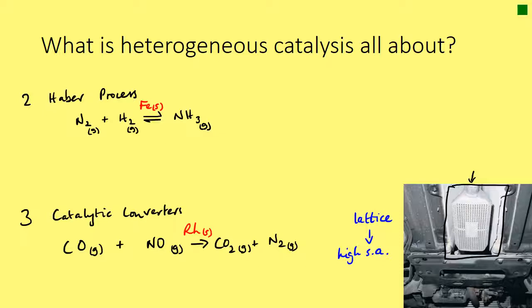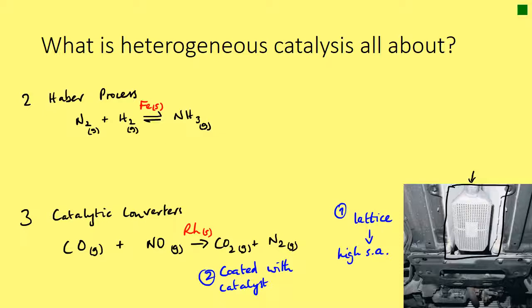And so that's feature number 1 of catalytic converters. Feature number 2 of catalytic converters is that they are coated with the catalyst, as opposed to being made from solid catalyst.